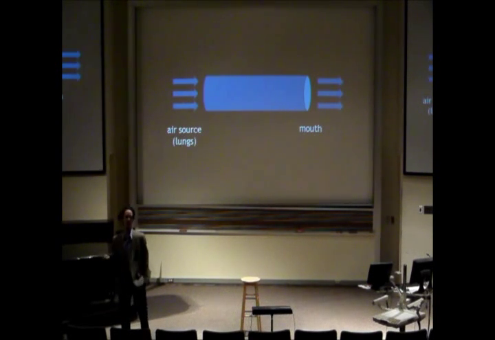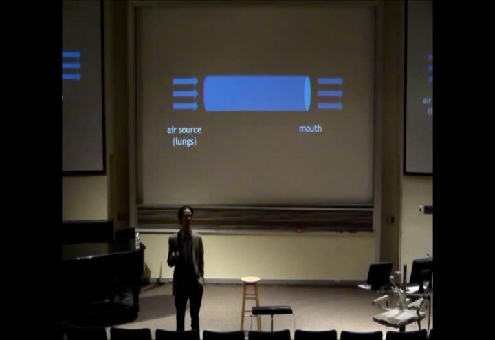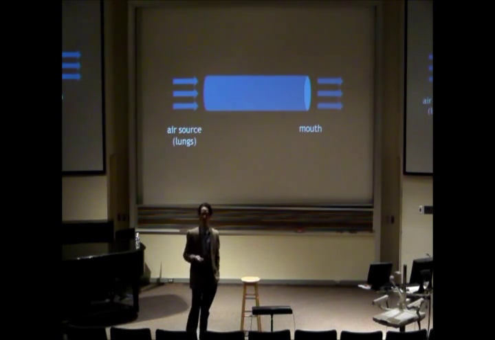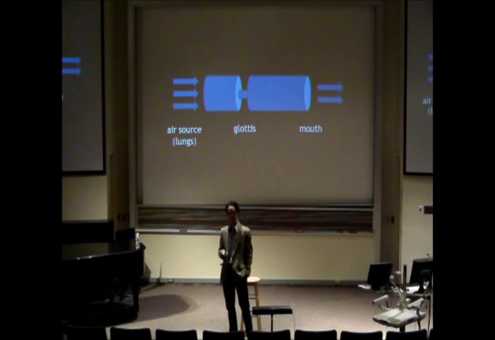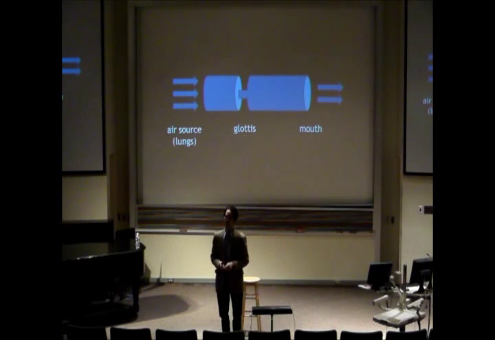If we were going to add another feature to our idealized model here, what might it be? What might be the first obstruction in the airflow? Of course, the valve. Yes. The glottis is the term for the actual space itself between the vocal folds.